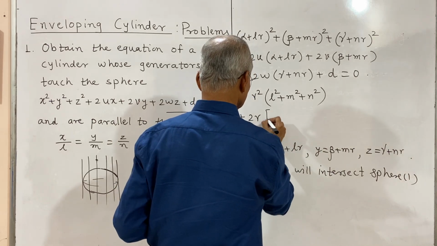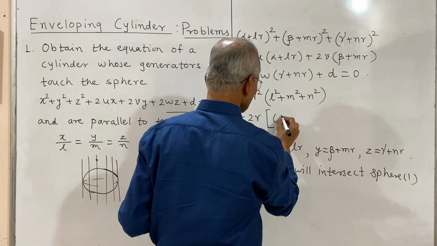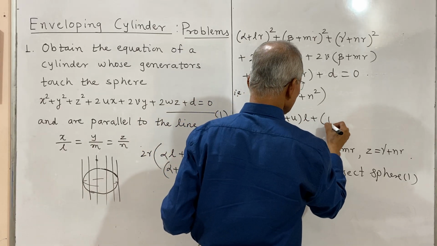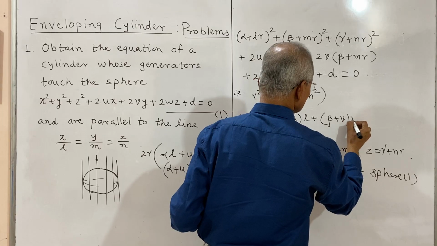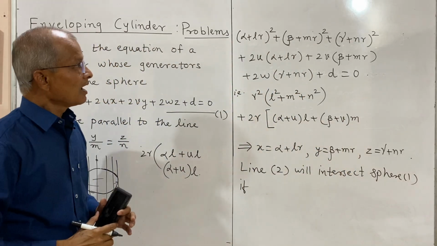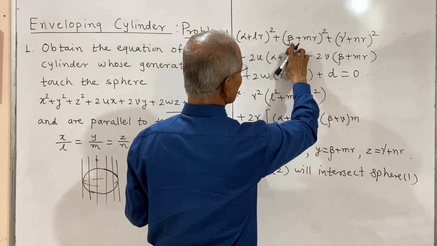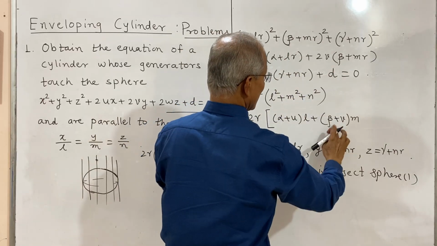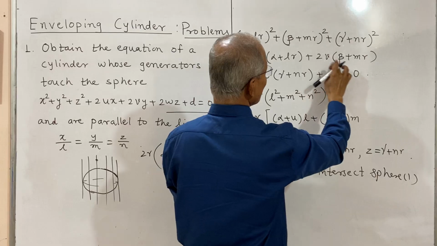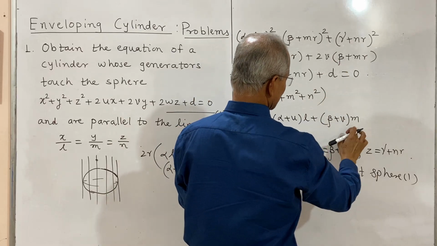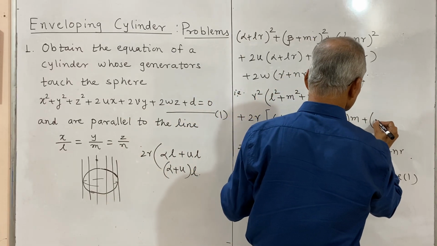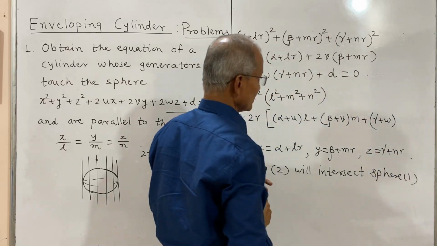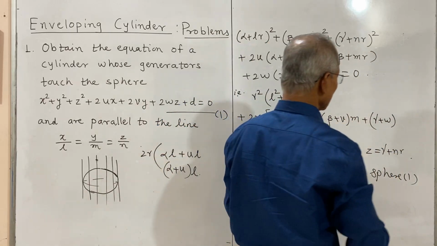You should verify this: alpha plus u into L, plus similarly beta plus v into M. You check this, because the term here is 2 beta M into r, 2r is written common, beta M, and here is 2r into vM, plus, and next is gamma plus w into N.